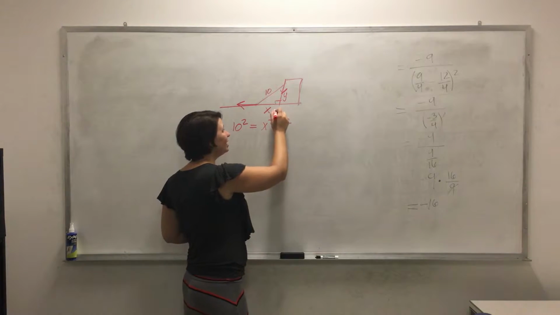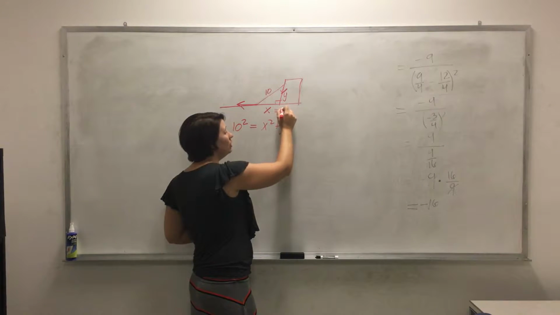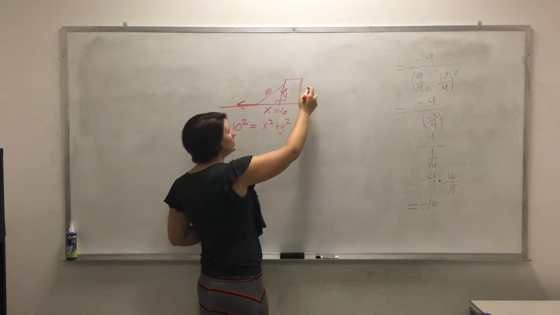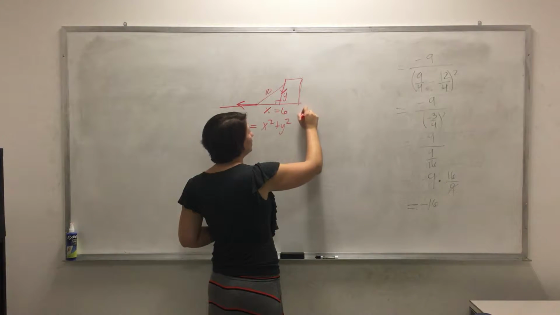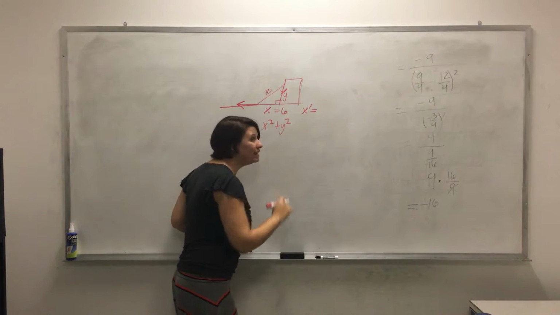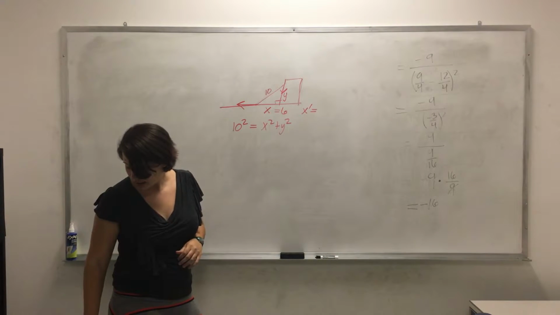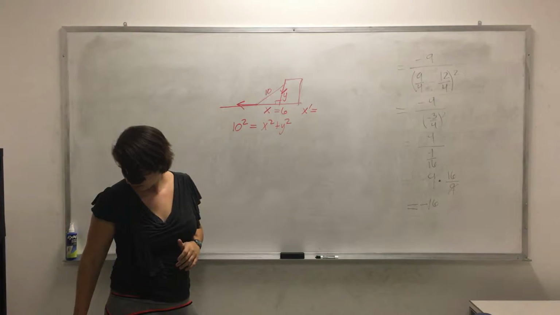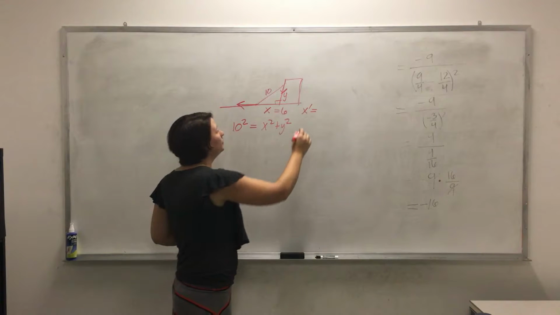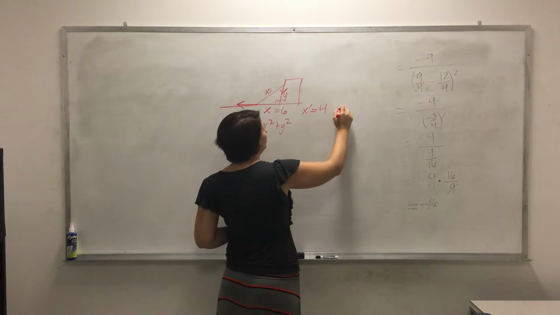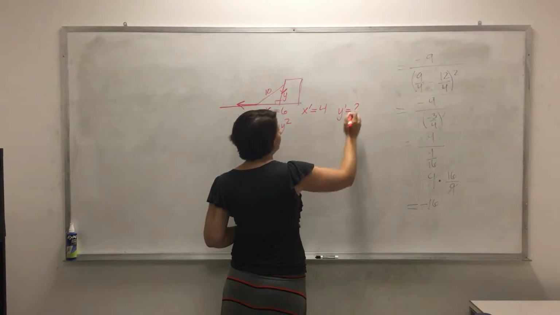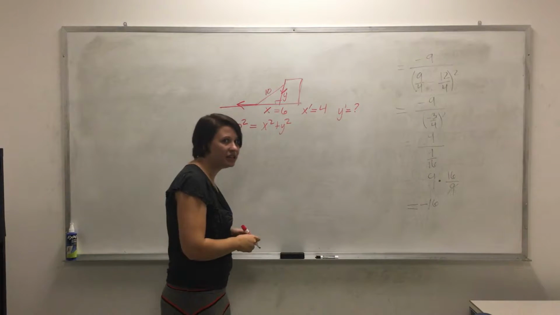So if they tell us that x equals 6, and then the x prime, or they will call it dx dt, is 4, find y prime, or dy dt, okay?